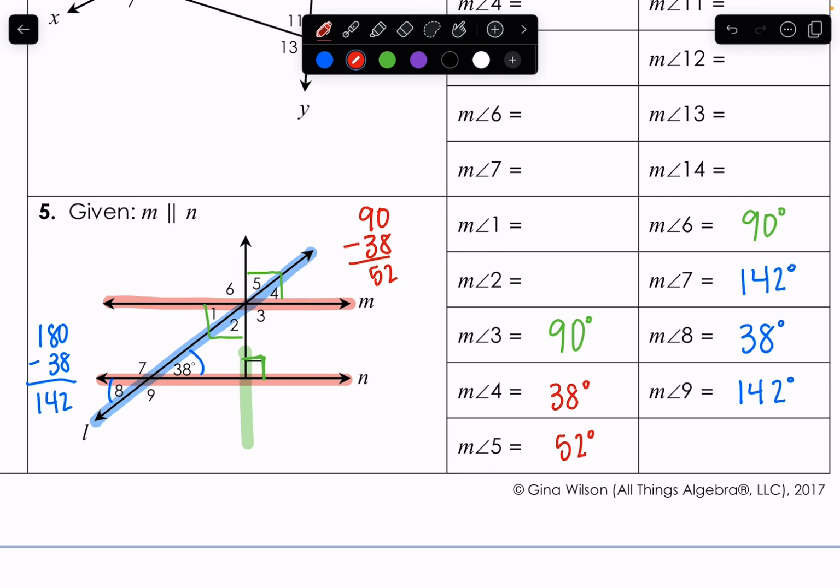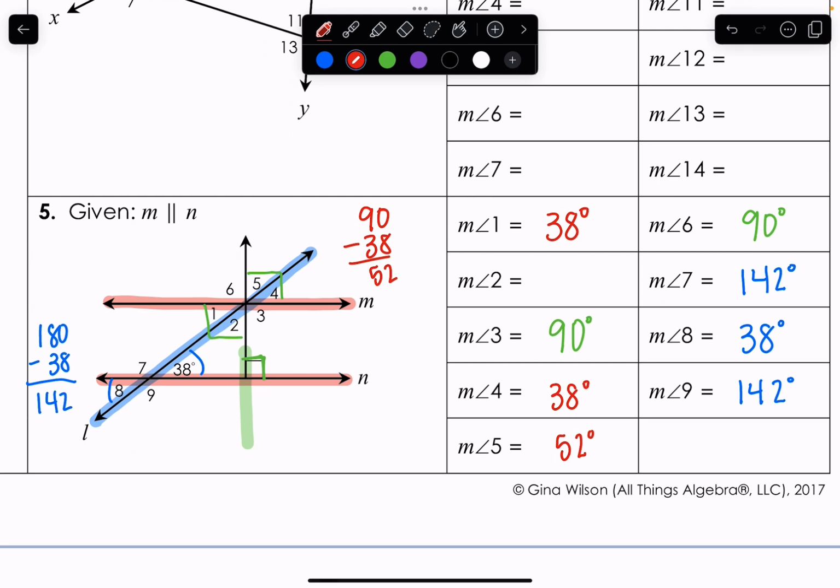Now, with the parallel line and our transversal, we're left with angle 1 and 2. Angle 1 and angle 4 are vertical angles across from each other, meaning that they're going to be the same degrees. So since angle 4 was 38 degrees, angle 1 is also 38 degrees.